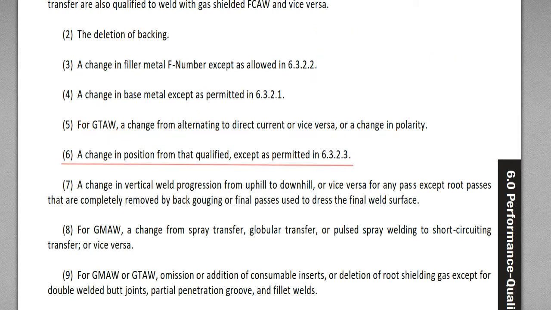Number 6, change in position from that qualified except as permitted in 6.3.2.3. Position qualified only that position, but the exception is 6.3.2.3. So let's go to 6.3.2.3.